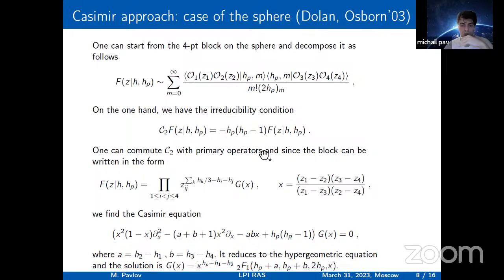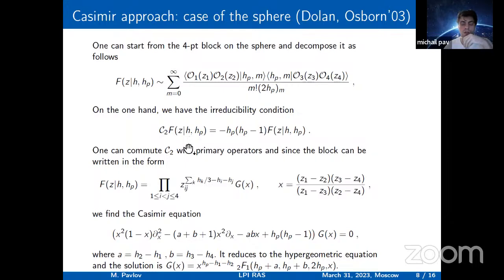And basically, instead, of course, we can calculate this 4-point block directly. We know these matrix elements, and we can calculate it directly. But this approach allows us to derive an equation on the conformal block.